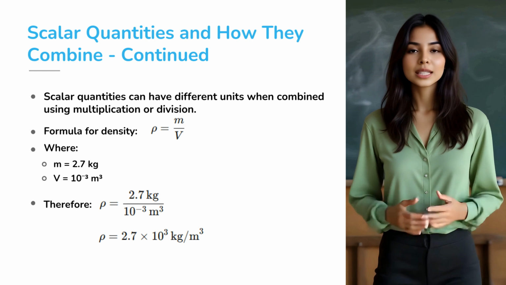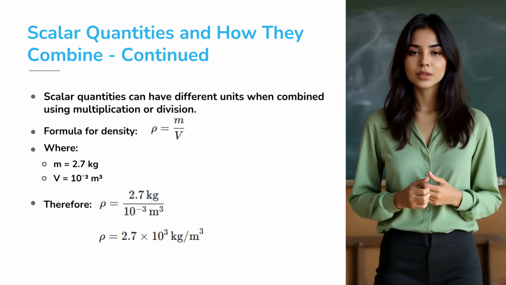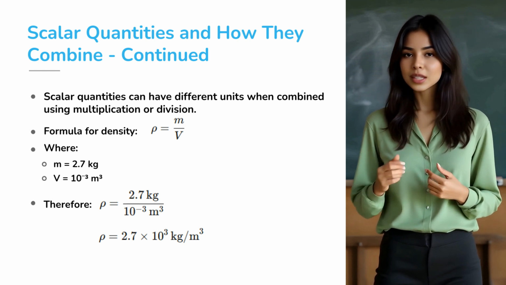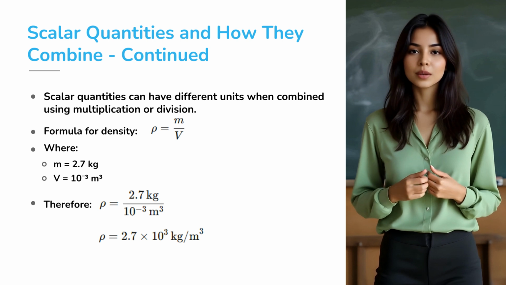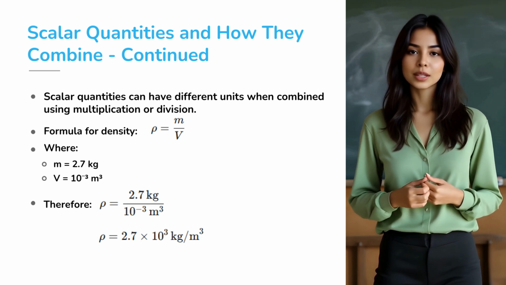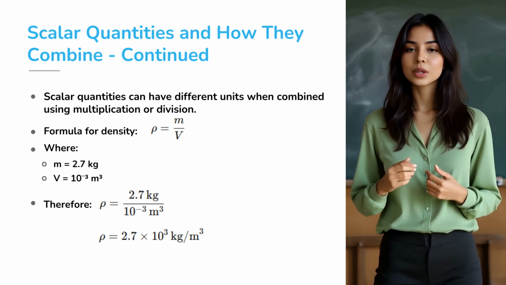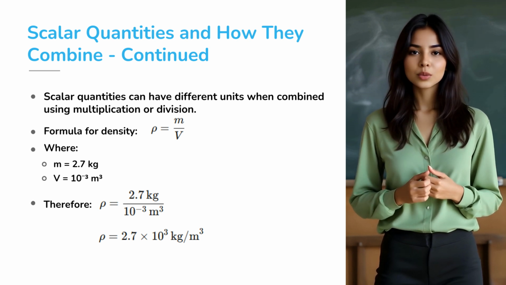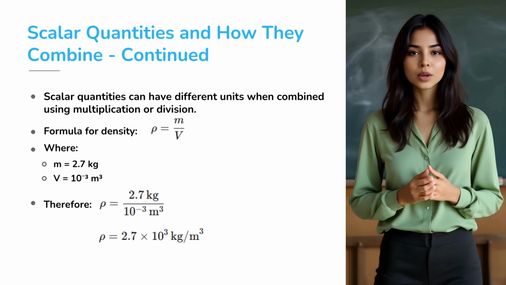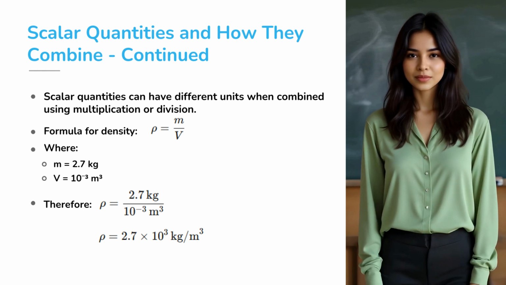Let's take density as an example. The formula for density is ρ equals mass divided by volume, or ρ equals m over v. Here, we are given the mass, m, as 2.7 kilograms and the volume, v, as 10 to the power of minus 3 cubic meters.